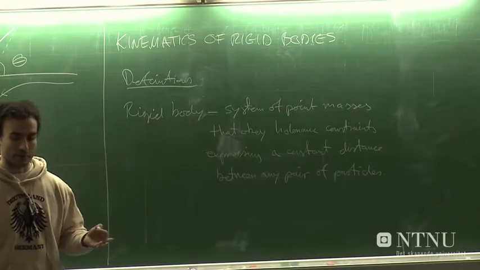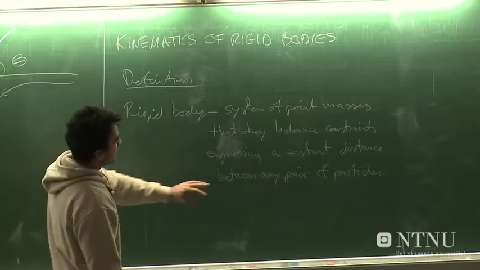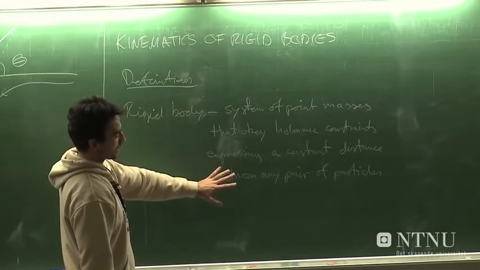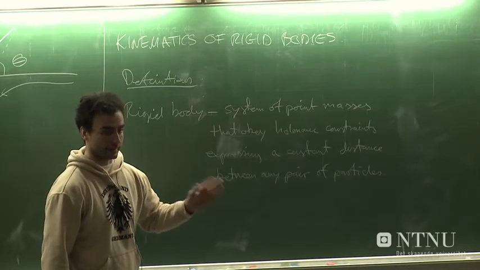So keep in mind, holonomic means that we can write the constraint as a function of the coordinates equals 0. And these constraints should express that between any pair of particles, the distance is fixed.